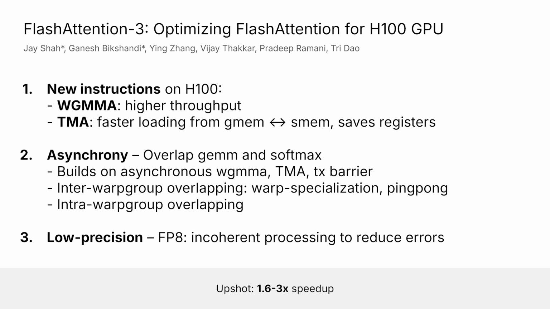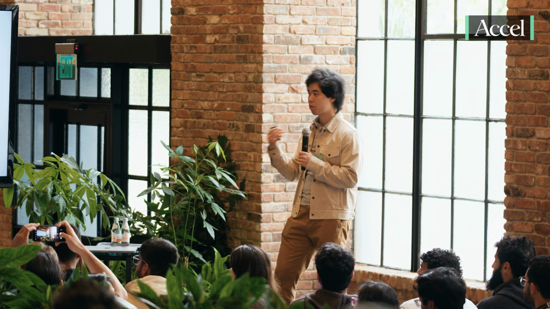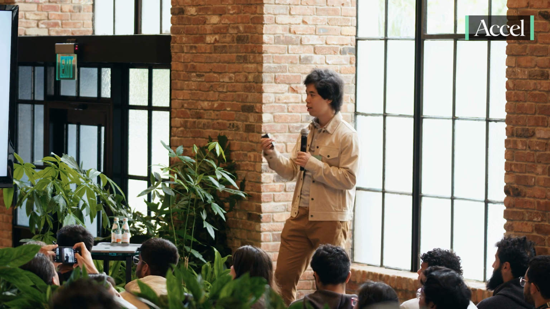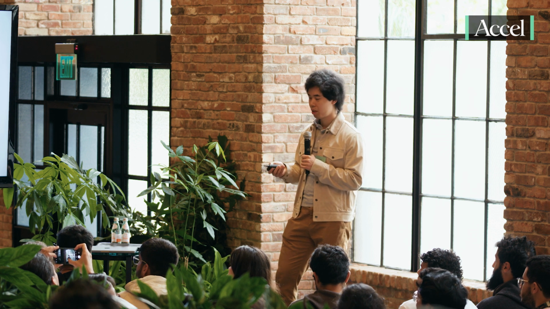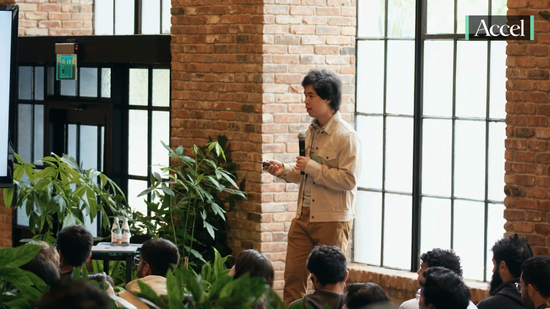We were building on Cutlass 3, which has great support for asynchronous programming. And we had to use techniques like overlapping between different warp groups using warp specialization and ping pong, as well as intra-warp group overlapping, and I'll talk about what those mean. And finally, I'll talk about low precision FP8.